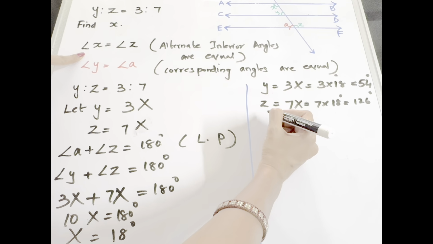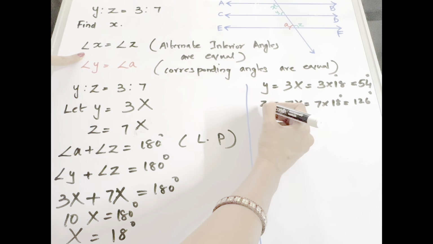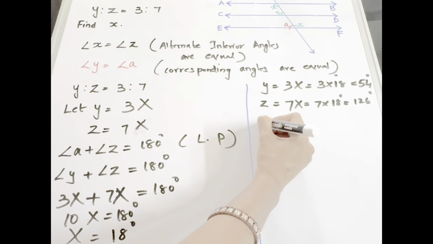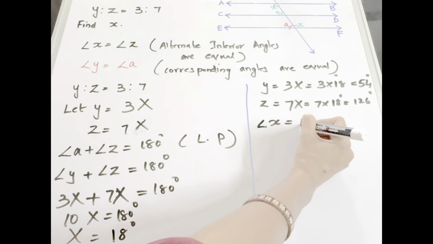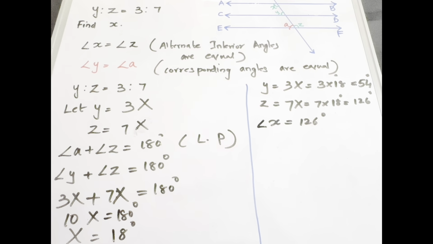But we know angle X is equal to angle Z. So instead of Z, we can write angle X is equal to 126 degrees. So we have to find out X. So the value of X is equal to 126 degrees, which is our answer.